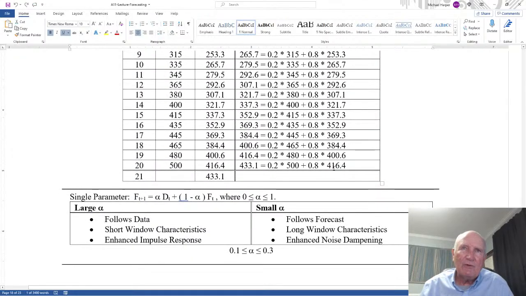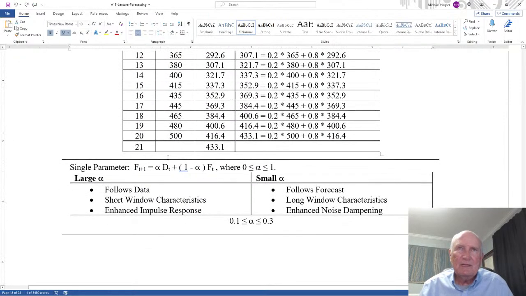The power is in alpha. Let's look at alpha for a second. Suppose alpha is large. When alpha gets very close to 1, then 1 minus 1 is 0. This goes away, and my forecast pretty much follows my data. So when alpha is very large, it approaches 1, it's going to follow the data.